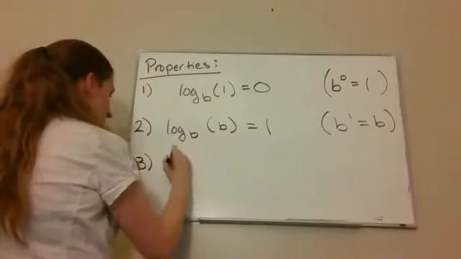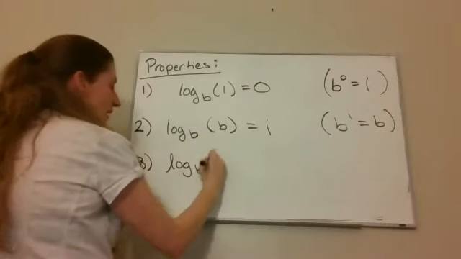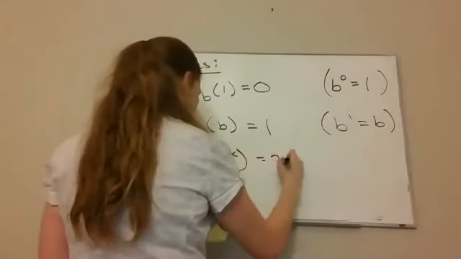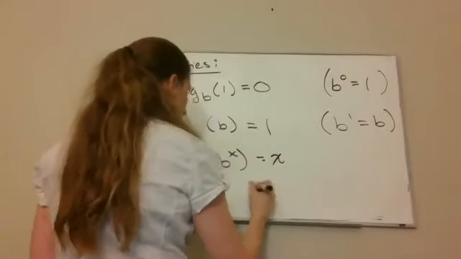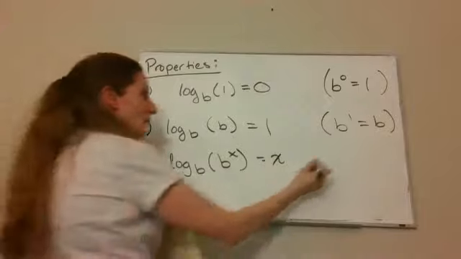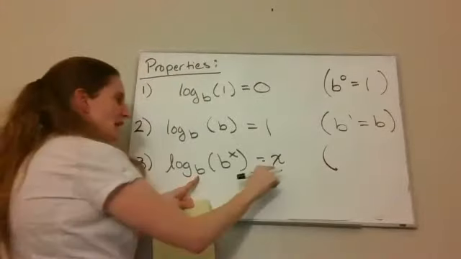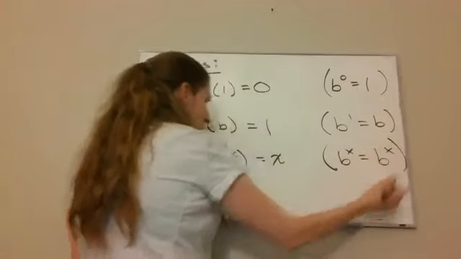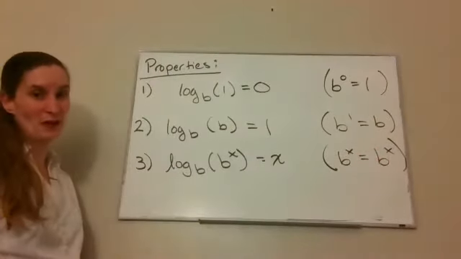Another property, log base b of b to the x power is equal to x. And this is, if I write it in exponential form, b to the x power equals b to the x power, which is very, very true.